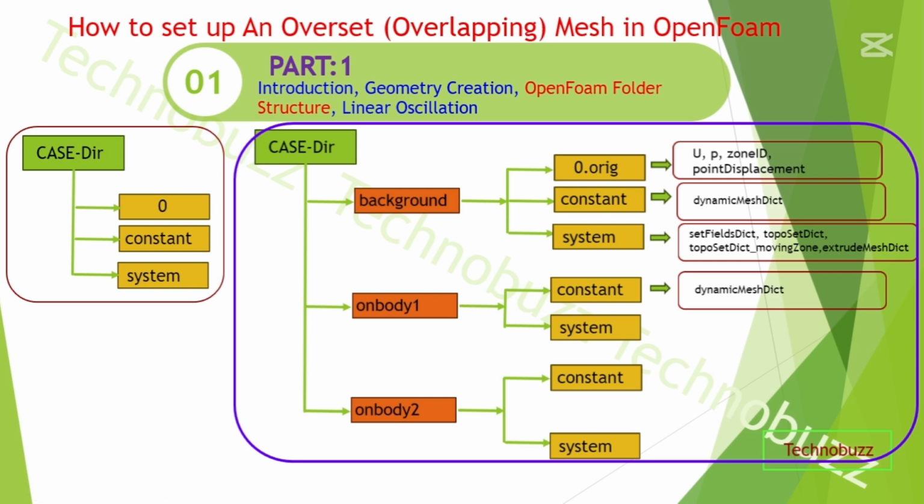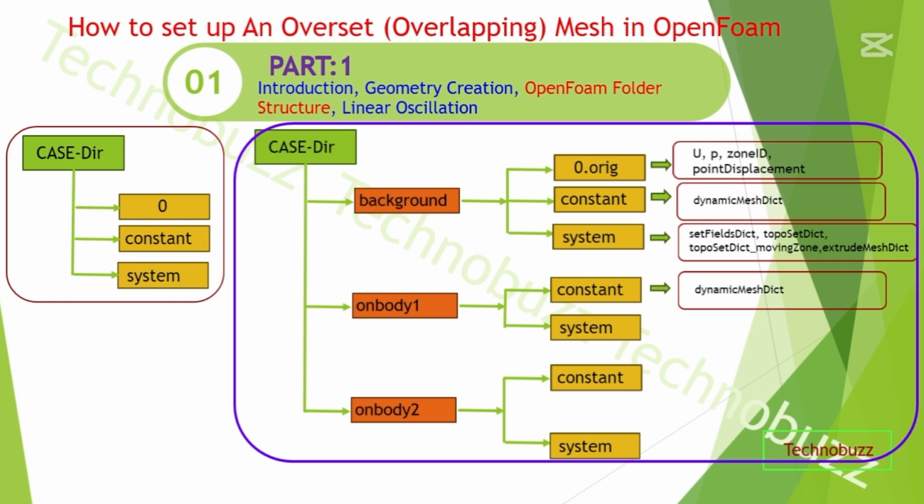One may visit my earlier videos to explore files in each folder. Here in this particular simulation for overlapping, the 0.org folder contains, apart from the basic files, zone ID and point displacement. The folder constant contains dynamic mesh dict.